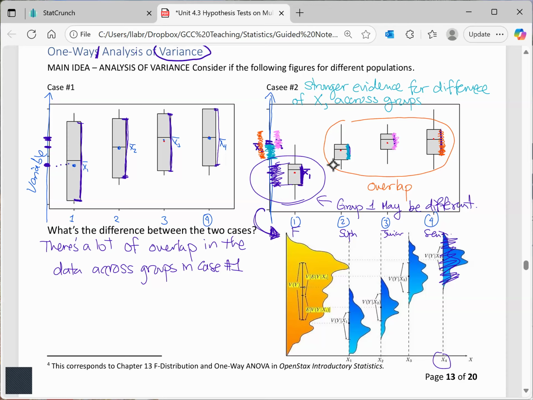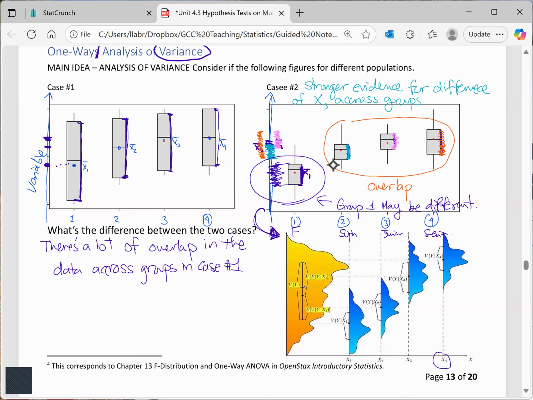Group 3, again, this could be a random sample. But now check this out, group 1 and 2 are much lower than group 3 and 4. And so if this was a true random sample, it would be unlikely that group 1 and 2 are much lower collectively than group 3 and 4. And so case number 2 demonstrates what the analysis of variance is.